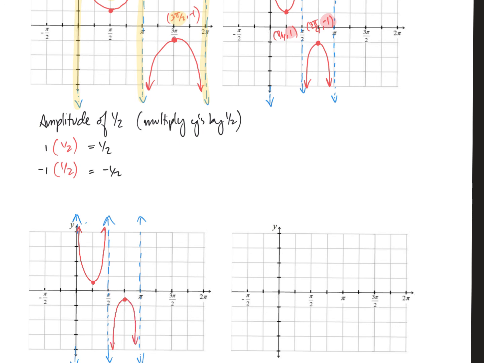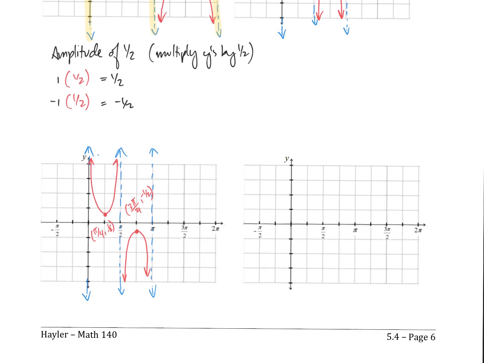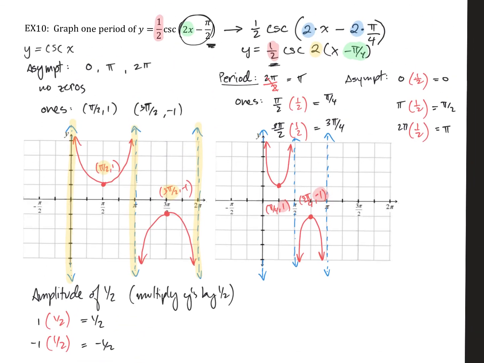And then we go ahead and label 3 pi over 4, negative half, pi over 4, 1 half. Or sorry, half. Awesome. Ooh, we're almost done. Okay. That was amplitude. We did the period.